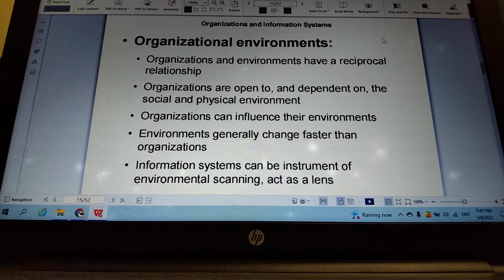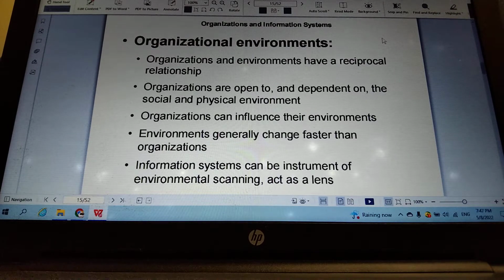And just for your information, information systems also can be an instrument of environmental scanning. For example, like I have just shared one example for you. The information system is actually one of the key factors for environment change for many organizations in today's world.